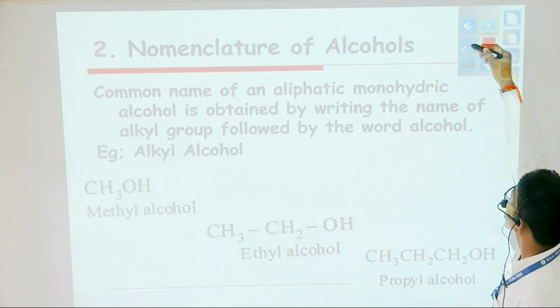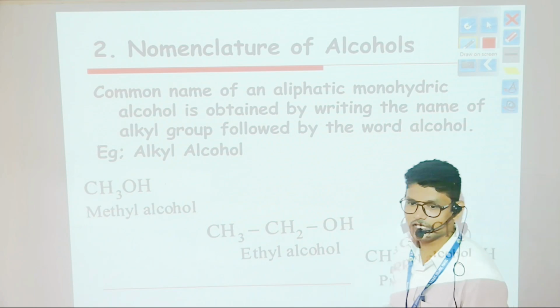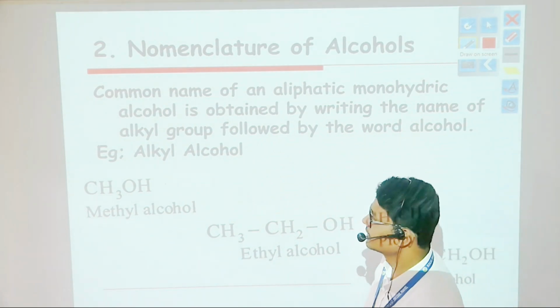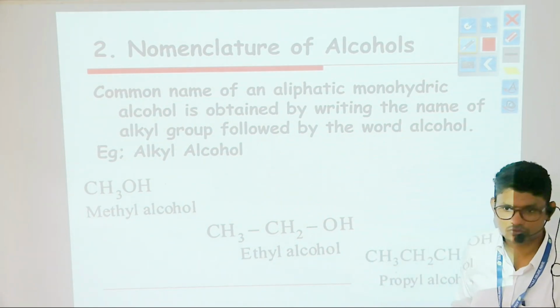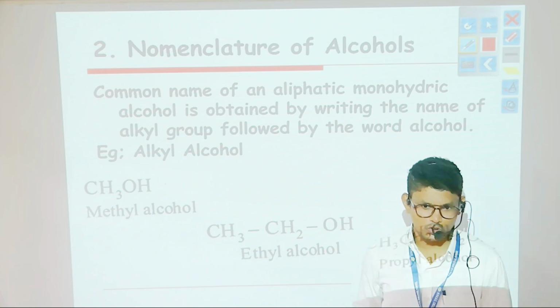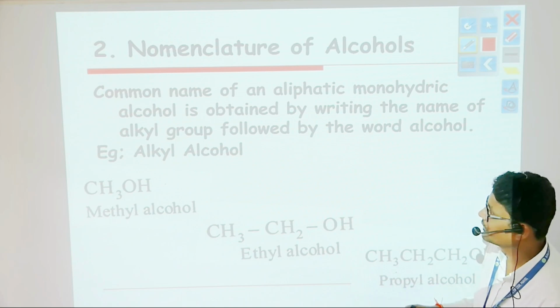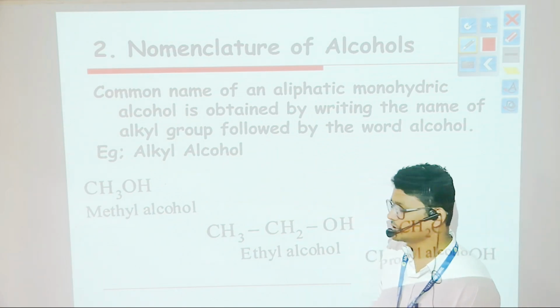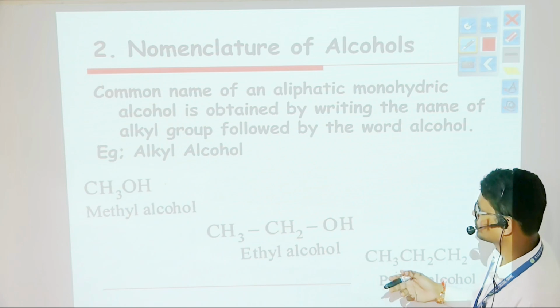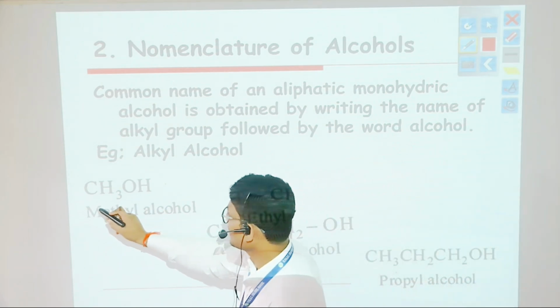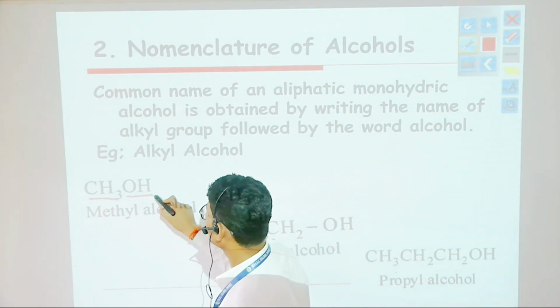Now we will see the nomenclature of alcohol, how names are given to alcohols. There are different systems for giving names to alcohols: the common system and the IUPAC system. In the common system, the name of the alcohol is given according to the alkyl group which is attached to the OH group. Take an example, this is CH3OH.